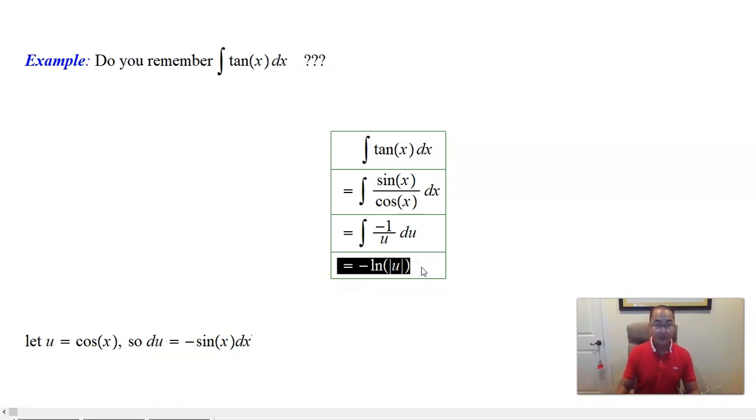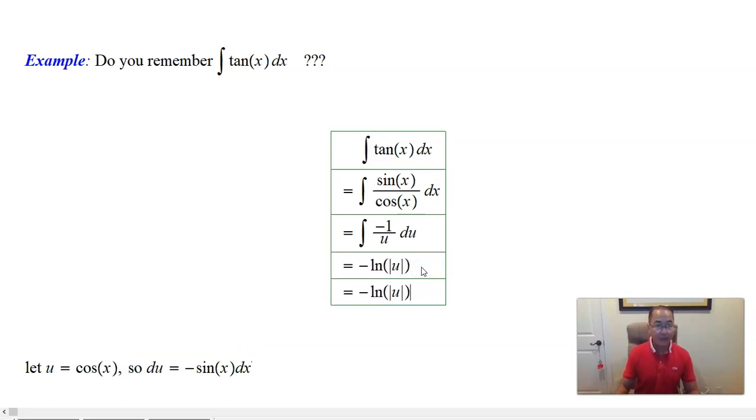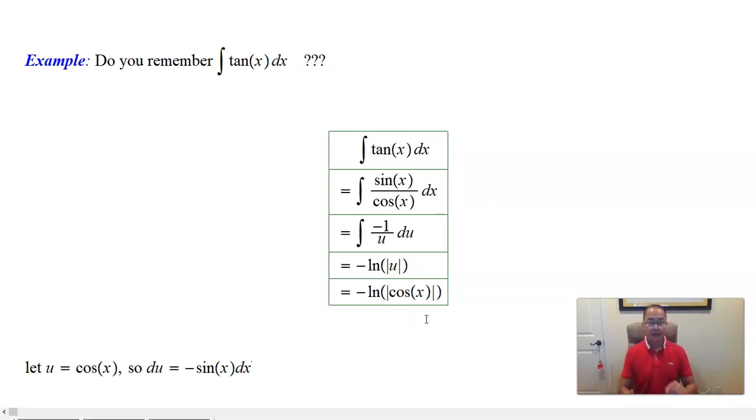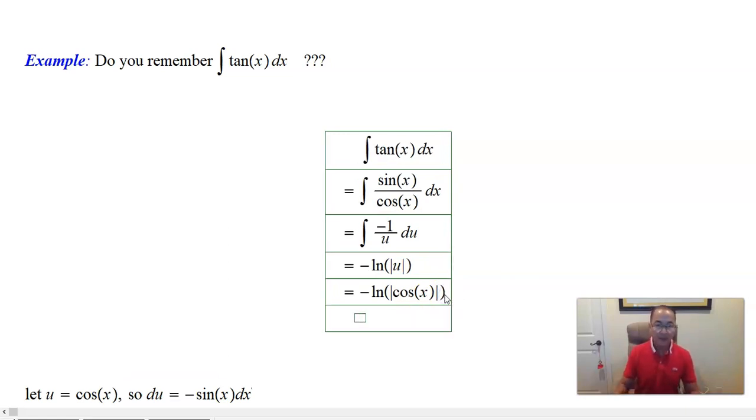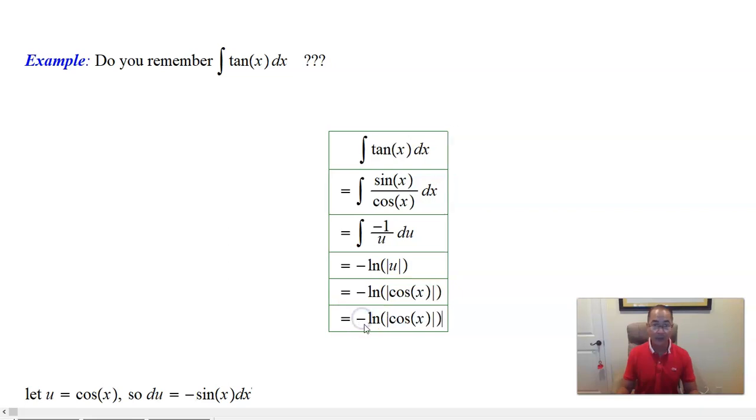Where did u come from? So u is cosine x, so negative ln of cosine x. And for the coup de grace, we're going to put the negative sign inside the logarithm. We're going to use one of the power rules. So negative 1 goes as a power for cosine x.